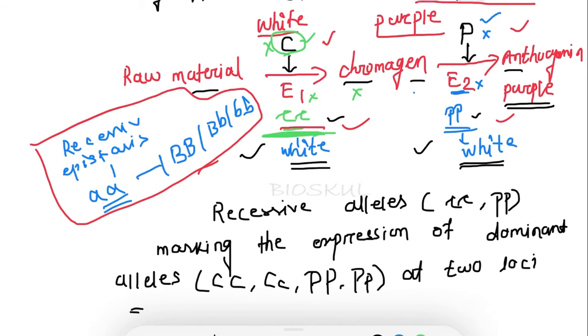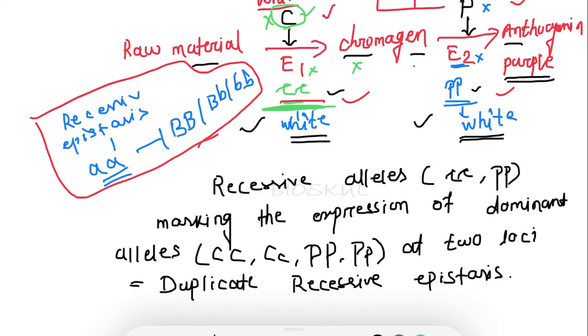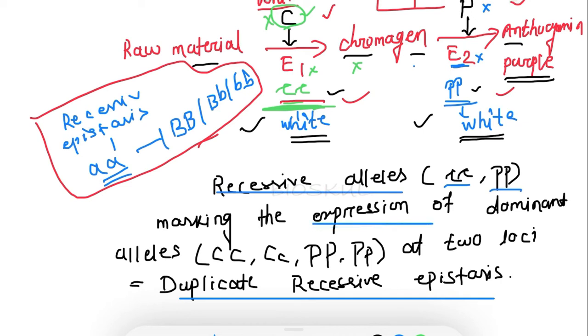That's why it is called duplicate recessive epistasis. Hope now you get a clear idea why it is called duplicate recessive epistasis, because recessive alleles, for example here the small c and small p, mask the expression of dominant alleles at two different loci. That's why it is called duplicate recessive epistasis.